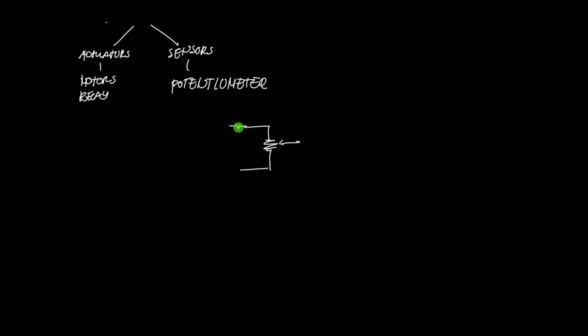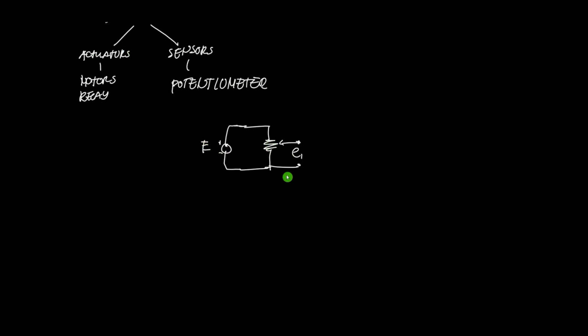Because if I apply a voltage, plus or minus E, into this circuit, then if I rotate this variable resistor, the voltage at this point will also vary. We can just make this capital E because the voltage source will be constant.